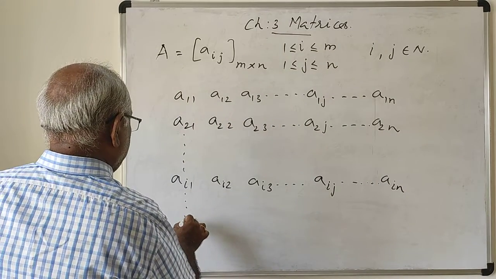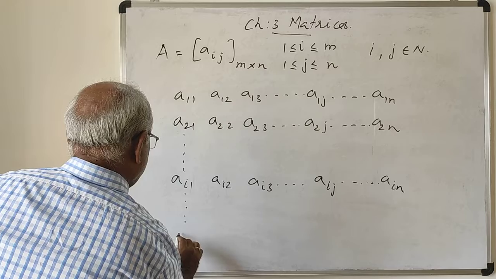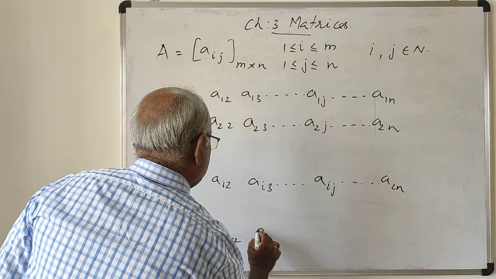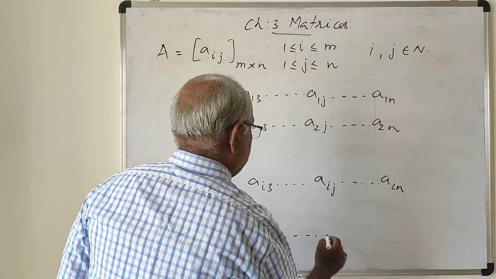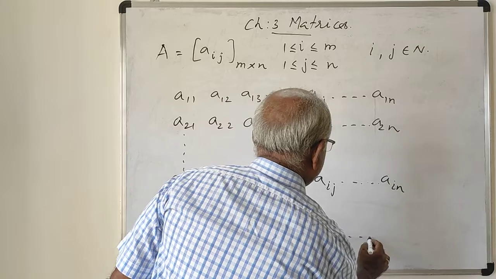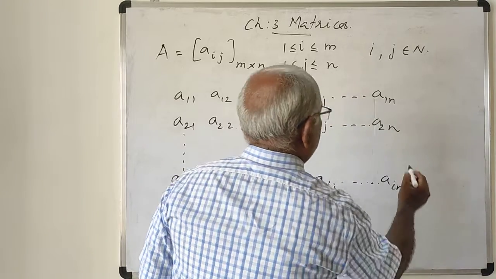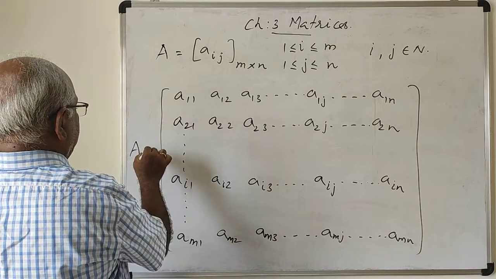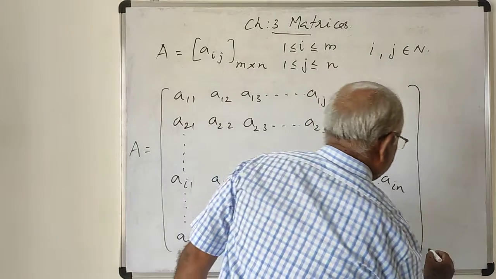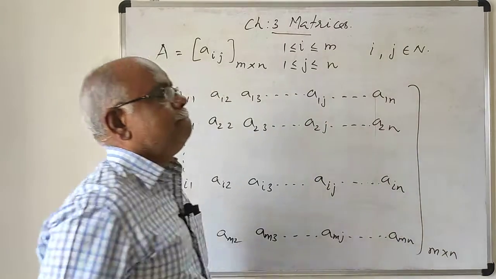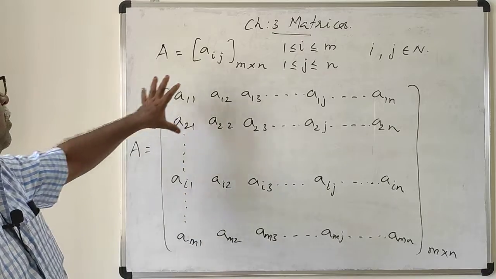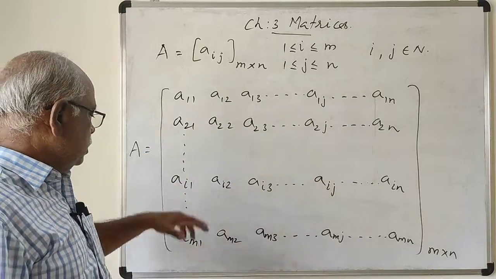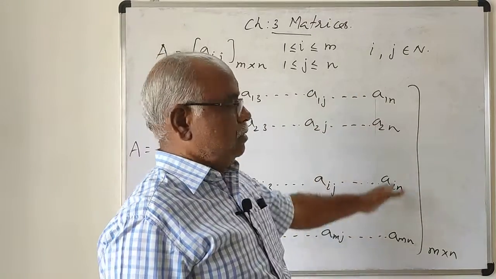Finally, it contains m rows, therefore Am1, Am2, Am3, and so on up to Amj, and Amn. So this is matrix A of order m by n. A is a matrix of order m by n. It consists of m rows and n columns.